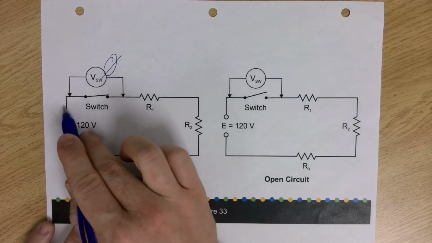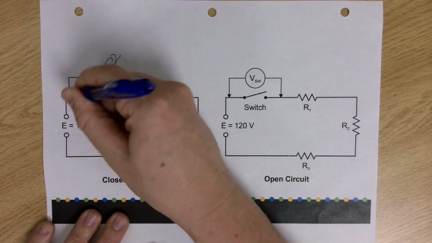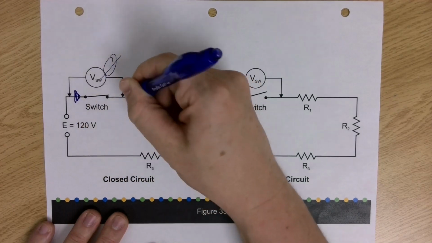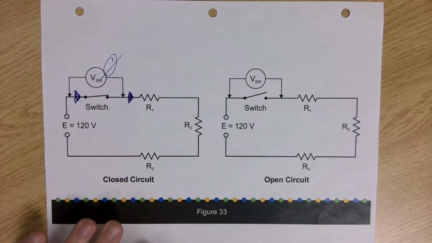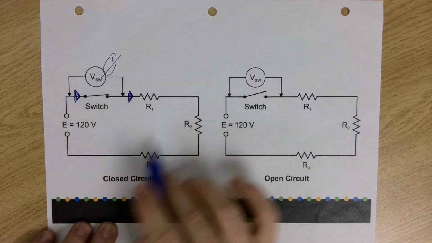Electrons are coming in, they're going out. They don't care about a switch. They just want to go, and then the electrons want to come back and meet their buddies.